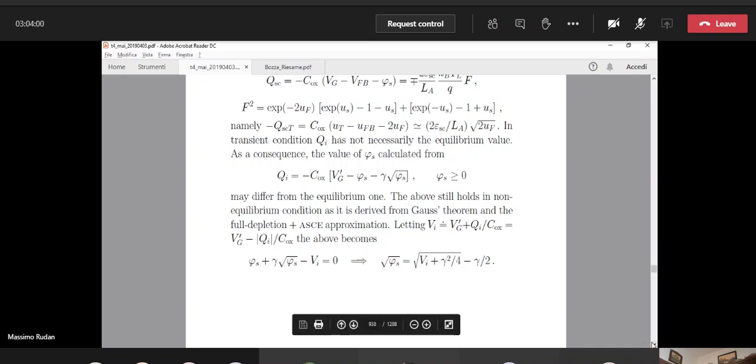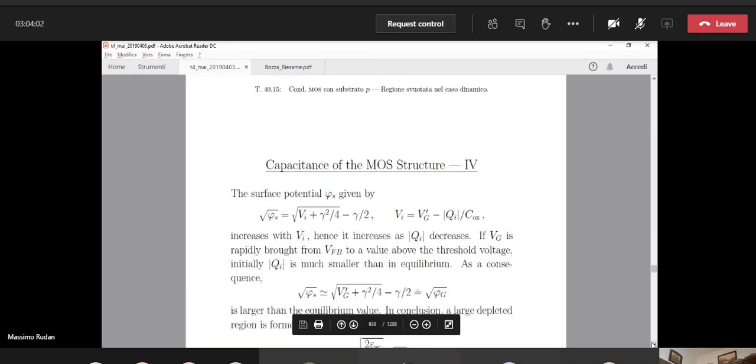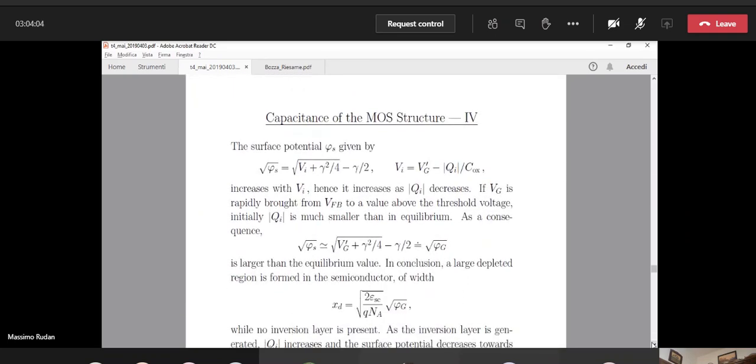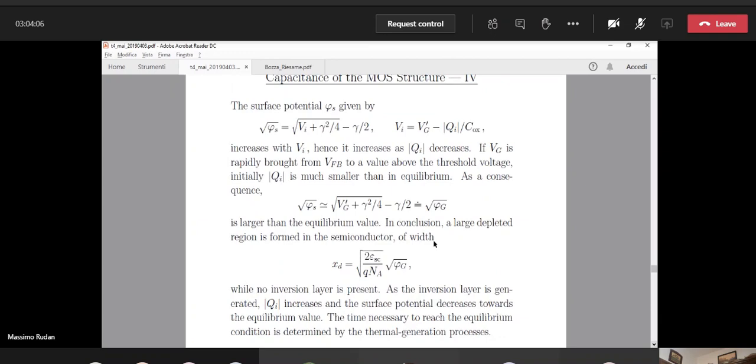So we go to the next page. We have an expression for the surface potential in which Vi is given by this. So look, when Qi is 0, Vi is the largest.